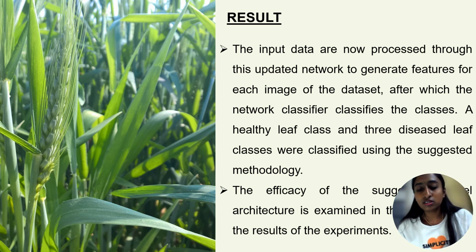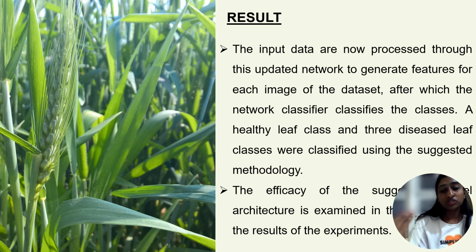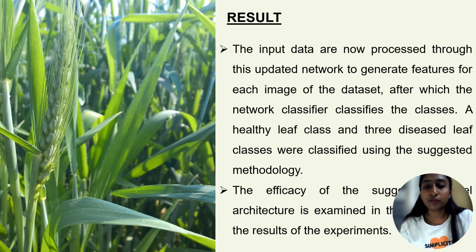So the result is, after feeding this data set into the pre-processed trained CNN model, it will classify into these classes: a healthy wheat leaf and 3 disease classes, as I told before.